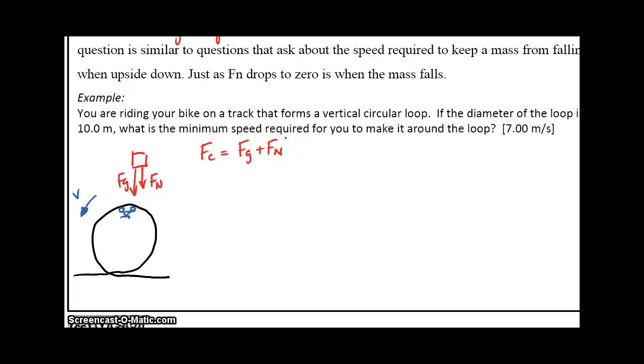So the cyclist needs to be going a certain velocity in order to go around the loop. At some point, if v is too small, the bike will fall.